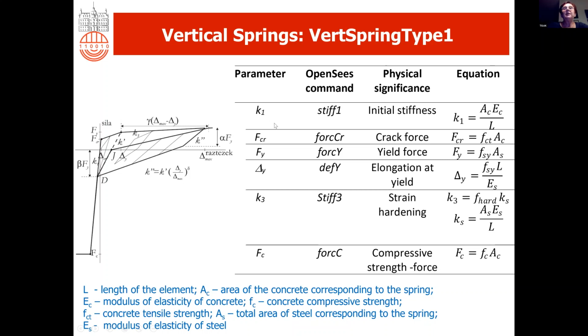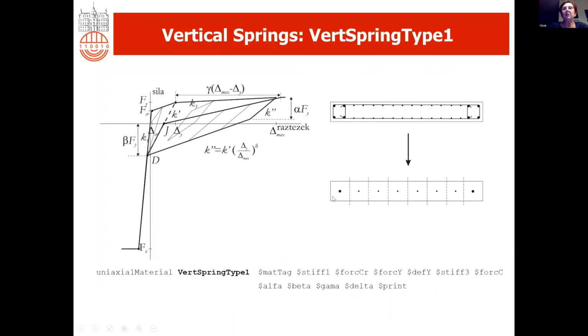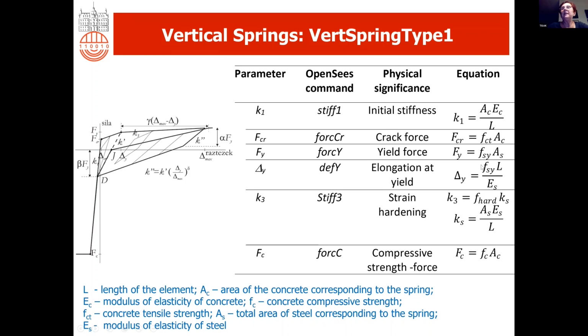The first parameter is the initial stiffness, K1, which is actually the axial stiffness of each element, which we can calculate as the area of each segment, here, multiplied by the modulus of elasticity of concrete and divided by the length of the element, the standard equation defining the axial stiffness.